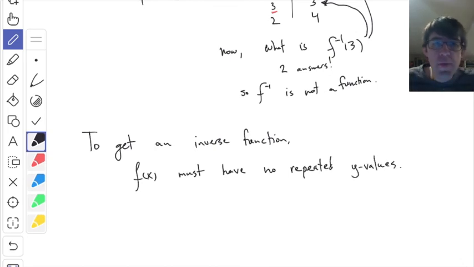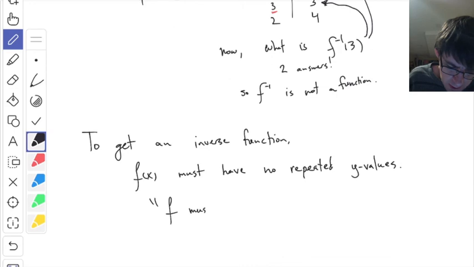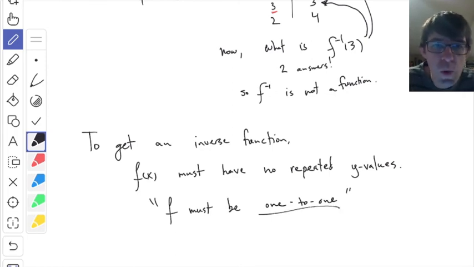All right, and the fancy or the technical term that we have for this, I'm going to put this in quotes. This is how we say this. F must be 1-to-1. 1-to-1 means that none of the y values are ever repeated when you look at all the possible y values.